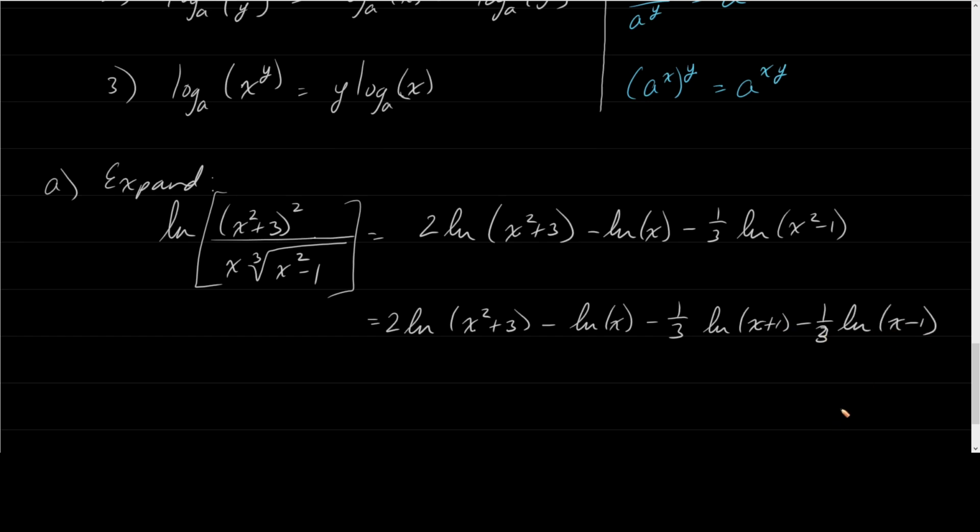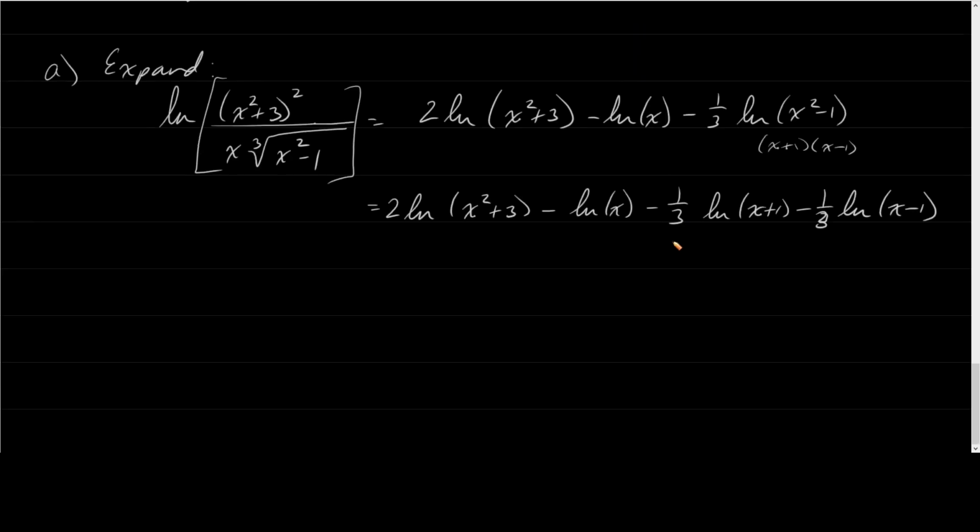All right, so in there, notice that I rewrote this x squared minus 1 as x plus 1 times x minus 1. All right, so that was some mental arithmetic, but that's how we ended up with that. All I did there was I turned all the exponents into coefficients, right? The square became 2, this cube root became 1/3, and anything that I was dividing became a minus.